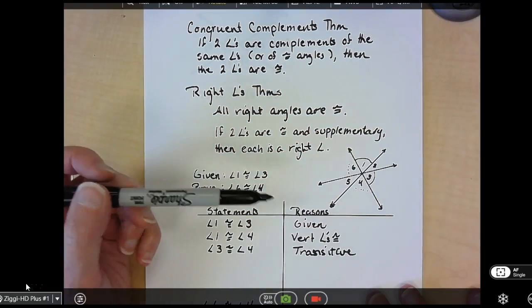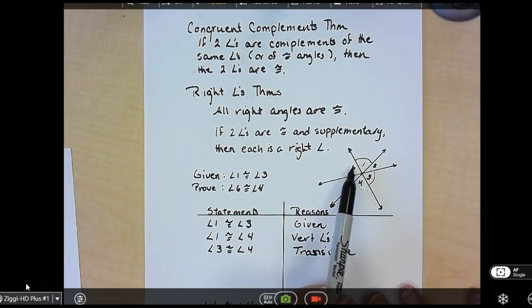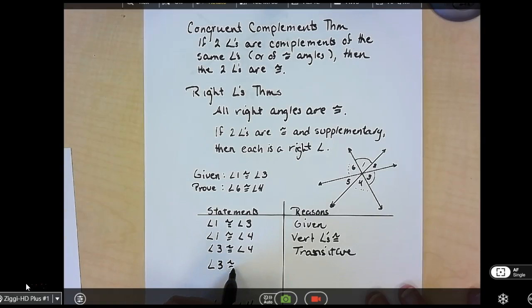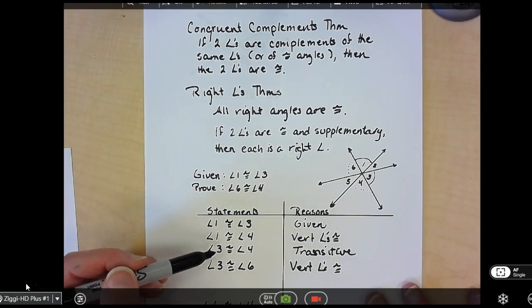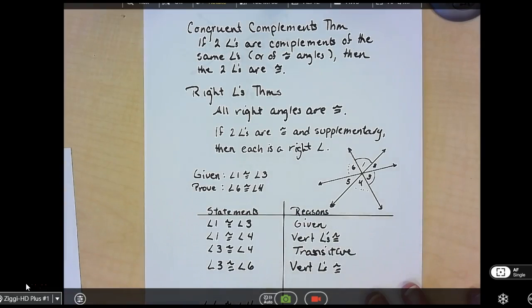So if I look back at my drawing, oh wait, angle 3 is congruent to angle 6 because those are vertical angles. So I state vertical angles are congruent again. And now if I have angle 4 is congruent to angle 3 and 3 is congruent to 6, then angle 4 is congruent to 6, or angle 6 is congruent to 4. And that is again by the transitive property of congruency.